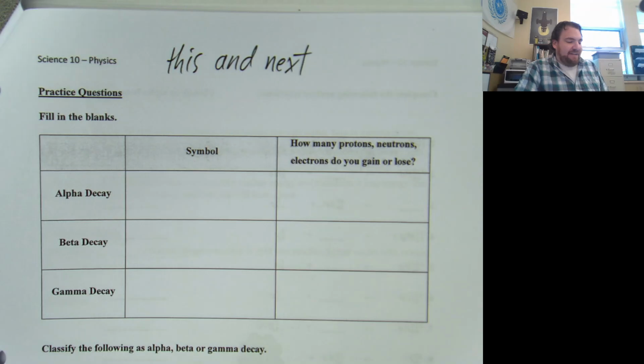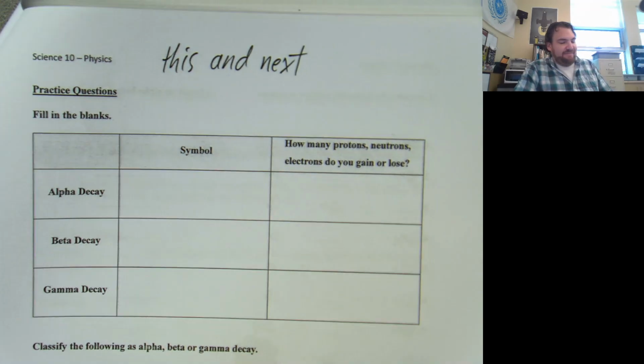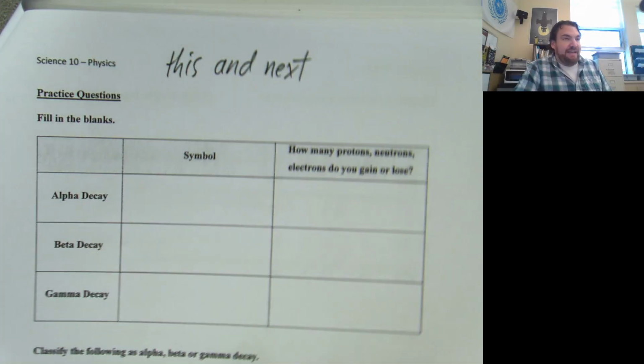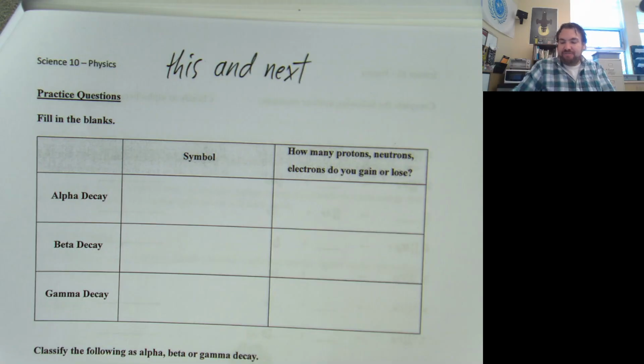I'd like you to look at the nuclear decay kinds of questions, and then tomorrow we will look at nuclear energy. See what you can do with this. You're identifying alpha, beta, and gamma decay, and then using them to write out the nuclear reaction equations.